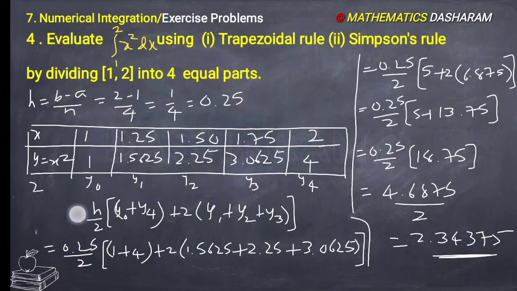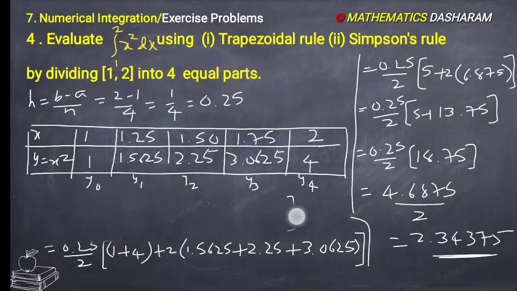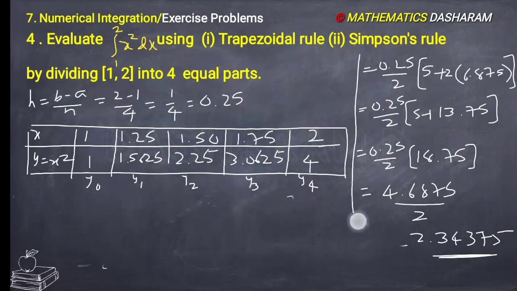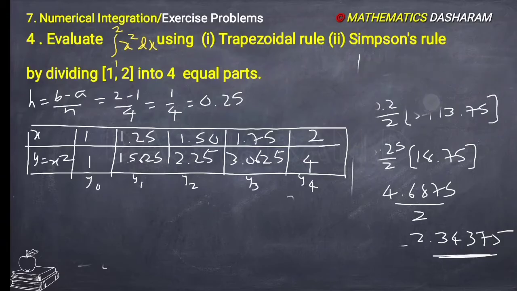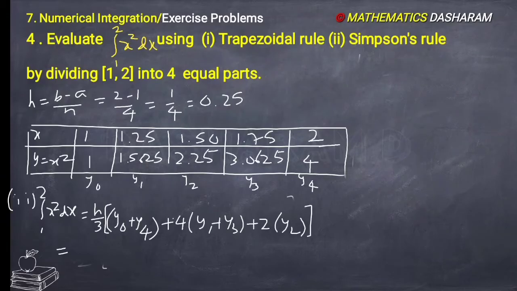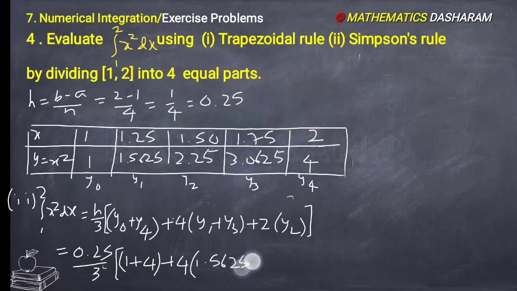So next, Simpson rule. Using the Simpson rule, let's find out the answer. So here h value is 0.25 divided by 3, y0 1 plus 4 bracket of y1 plus y3, 1.5625 plus 3.0625, plus 2 into bracket of 2.25.